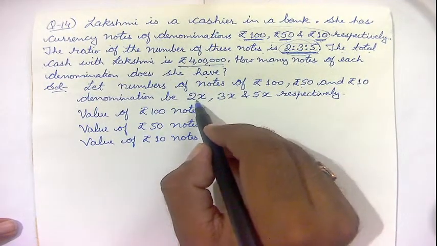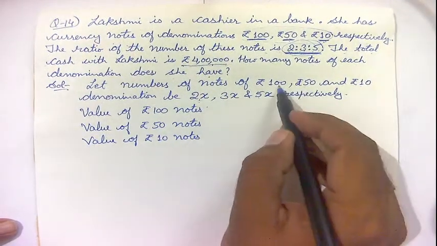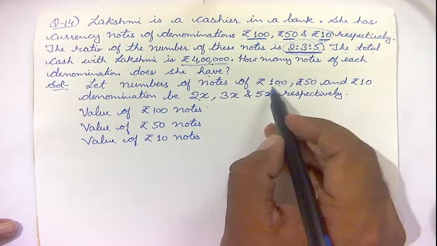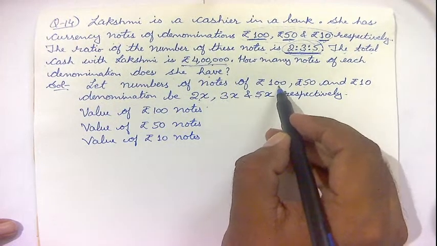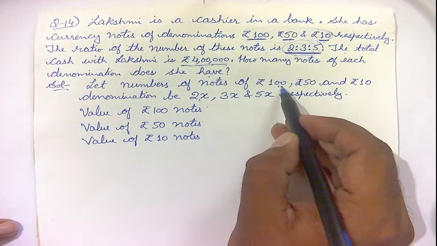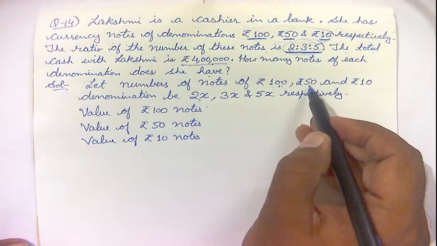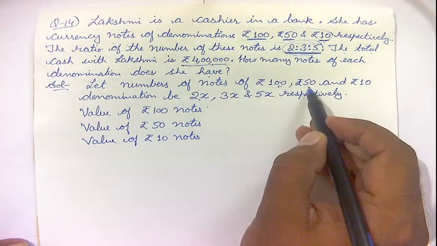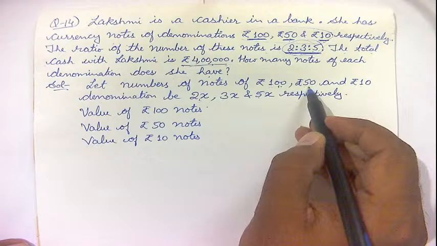There are 2x notes of 100 rupees. Now for example, suppose there are 5 notes of rupees 100, then what will be the value? 500. If there are 10 notes of rupees 100, the value becomes 1000. Similarly, if there are say 6 notes of rupees 50, the value becomes 6 multiply 50, that is 300.